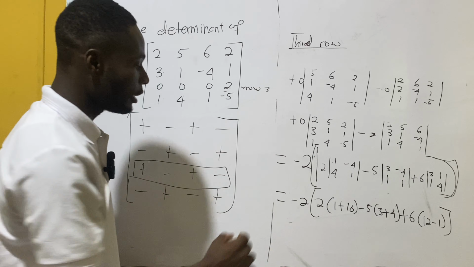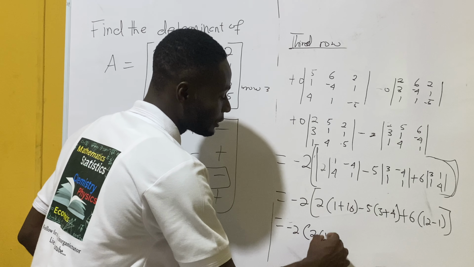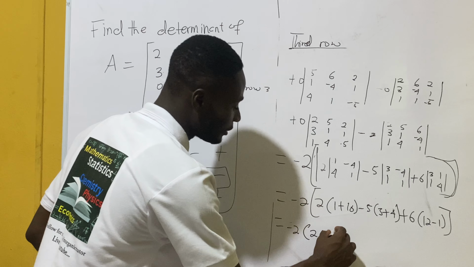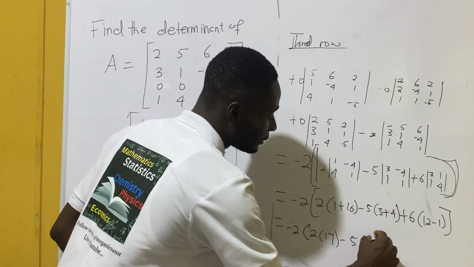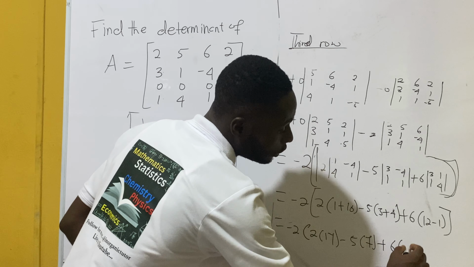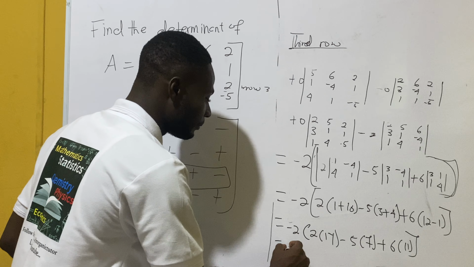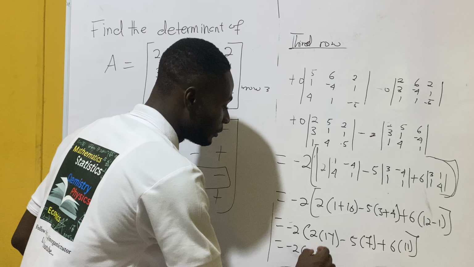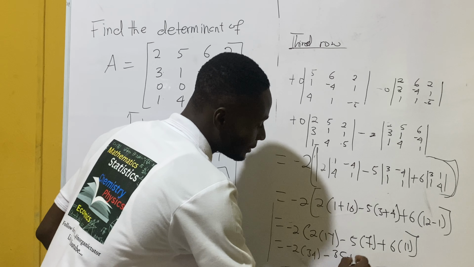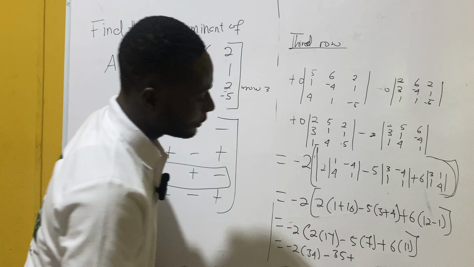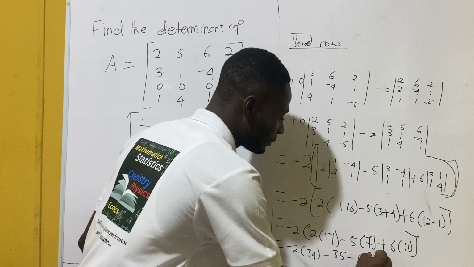So here, you're going to have minus 2 into 6, 16 plus 1, that is 17, minus 5 into 7, plus 6 into 11. So basically, we are going to have minus 2 into 34 minus 35 plus 6 times 11.